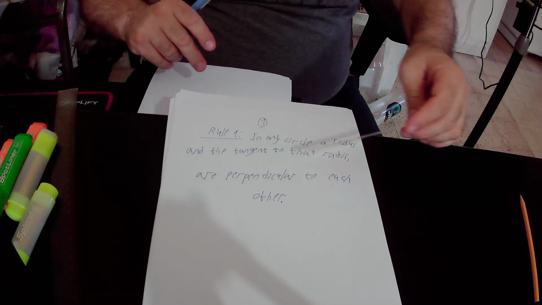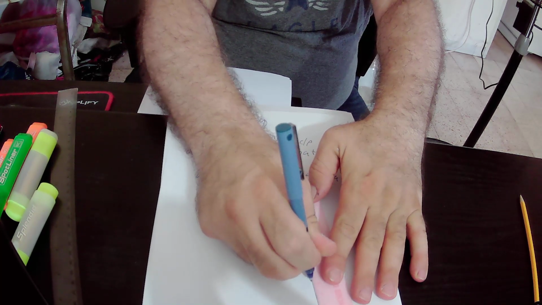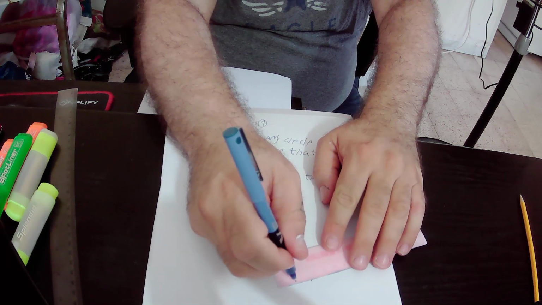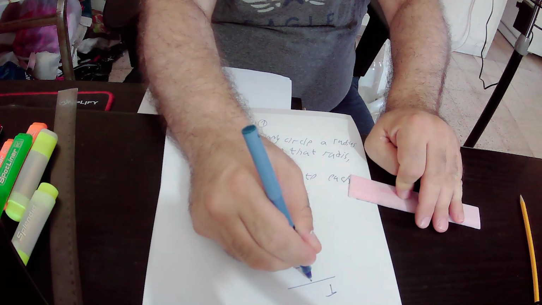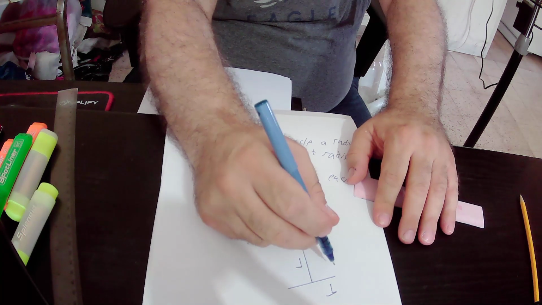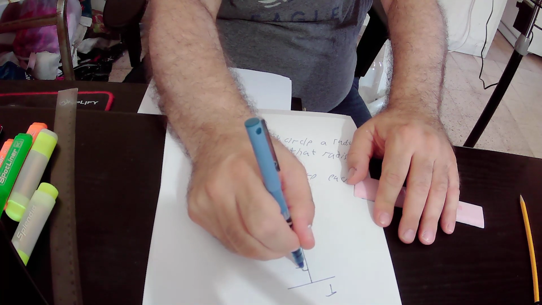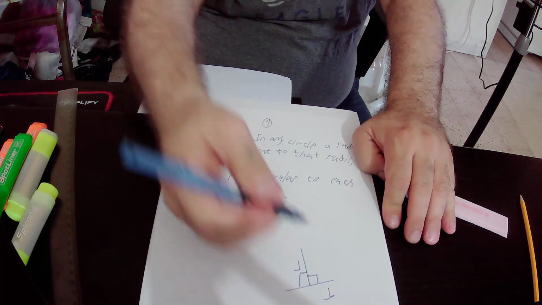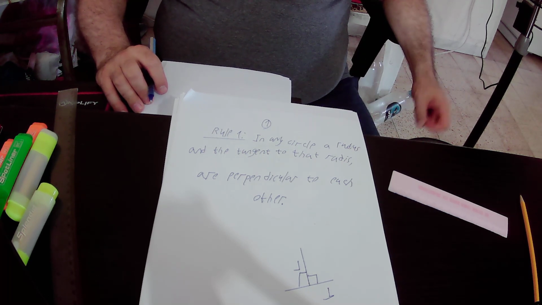So if we have a radius, let's call it R, and we have a tangent to that radius, let's call it T, then the radius is perpendicular to its tangent. That is to say, this angle equals 90 degrees and this angle also equals 90 degrees. Okay? So in any circle, a radius and the tangent to that radius are perpendicular to each other.